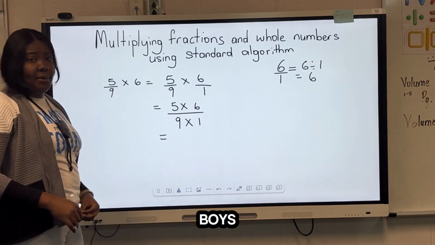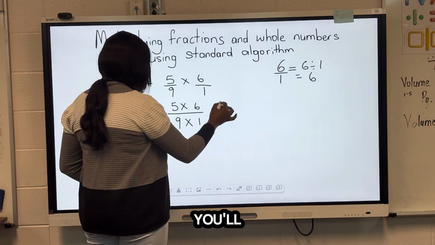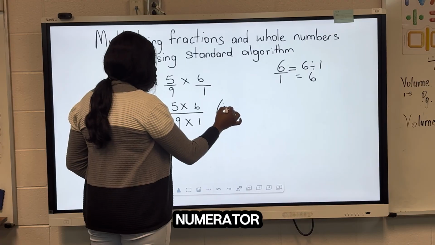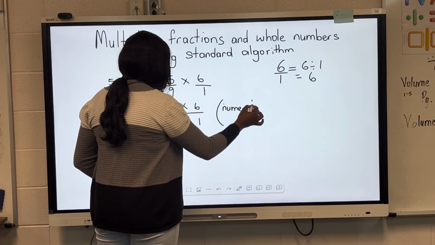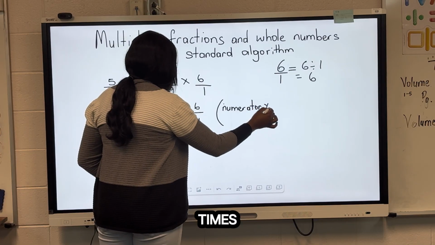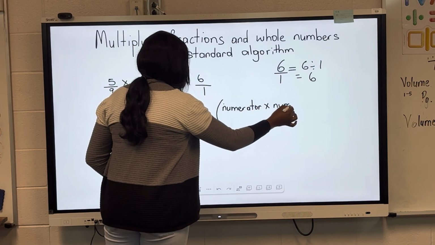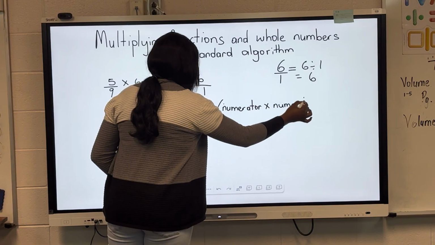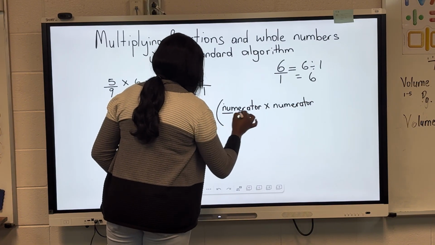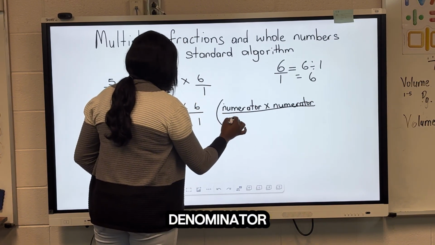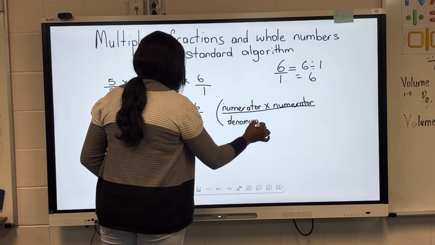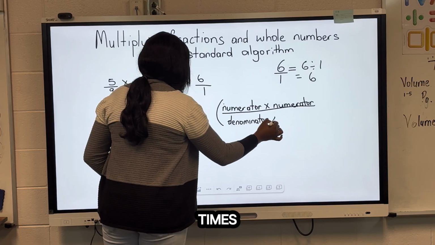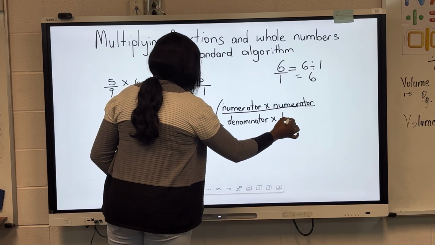So basically, boys and girls, if you pay attention, you'll see that we're multiplying the numerator times the numerator and then the denominator times the denominator.